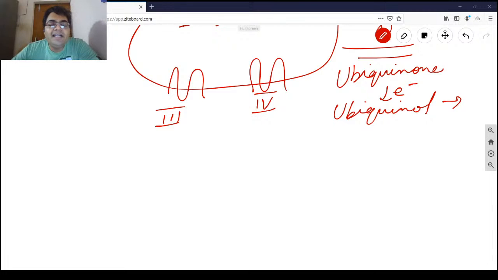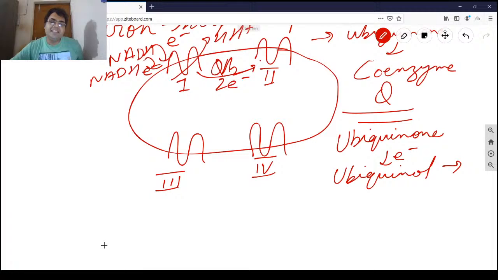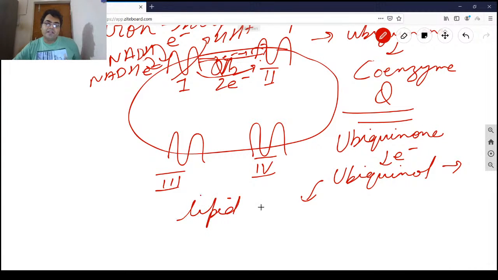One more thing I'll tell you about ubiquinone, also known as coenzyme Q. It is lipid soluble, so it can transport electrons through the membrane from one carrier to the other, from complex 1 to complex 2. Suppose this is the thickness of the membrane, it can take electrons from here and deliver them here.